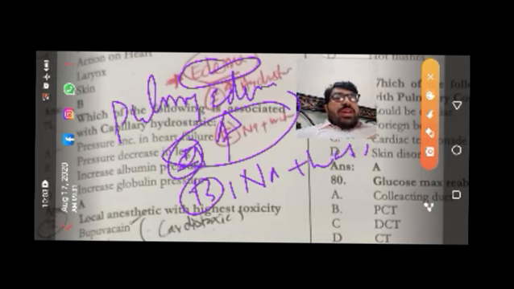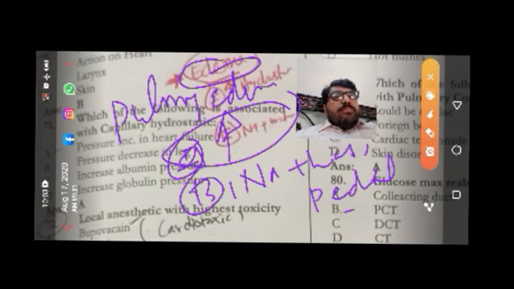Another scenario: a patient is having bilateral pedal edema, but serum albumin is normal, cardiac function is normal, echo is normal, liver function is normal. So what is the cause?